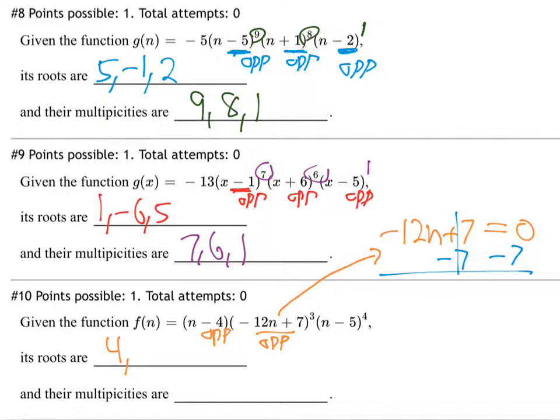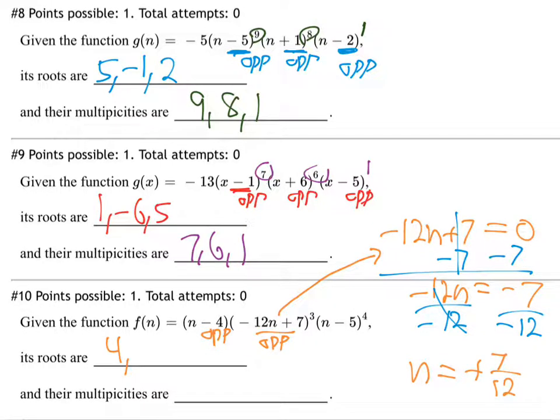Subtract 7. You guys know how to solve equations real well. Minus 12n is minus 7. Last step, divide by the minus 12. So what is n equal? Positive, because it's 2 negatives. So positive 7/12. That's the opposite. So opposite really means make it equal to 0.